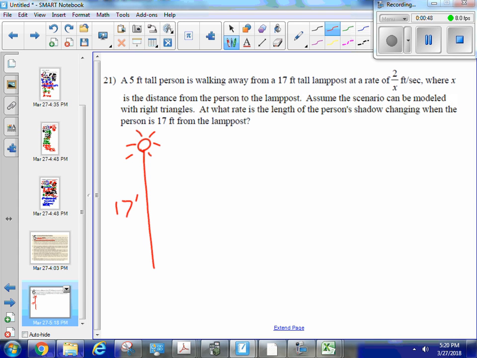And here is my person walking away from it. Tall person, long legs. Okay? And I know that that person is 5 feet high. And this person is walking away from the lamppost, so they're walking in this direction, at a rate of 2 divided by x feet per second.